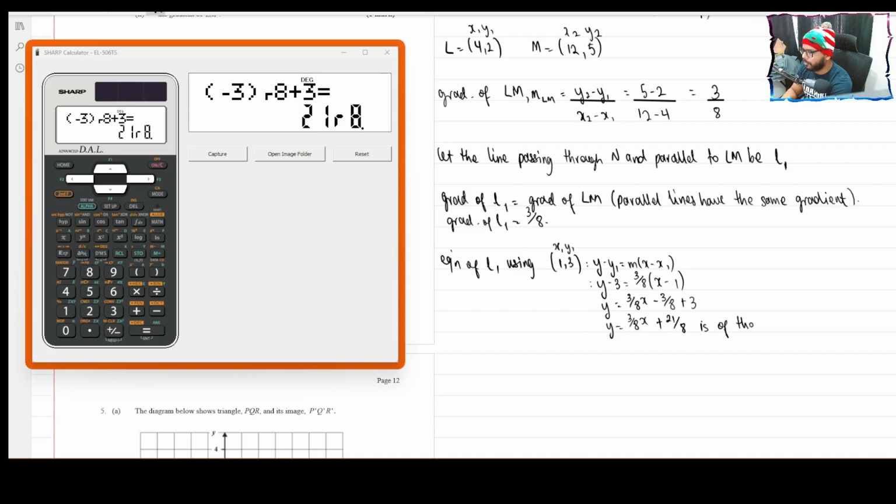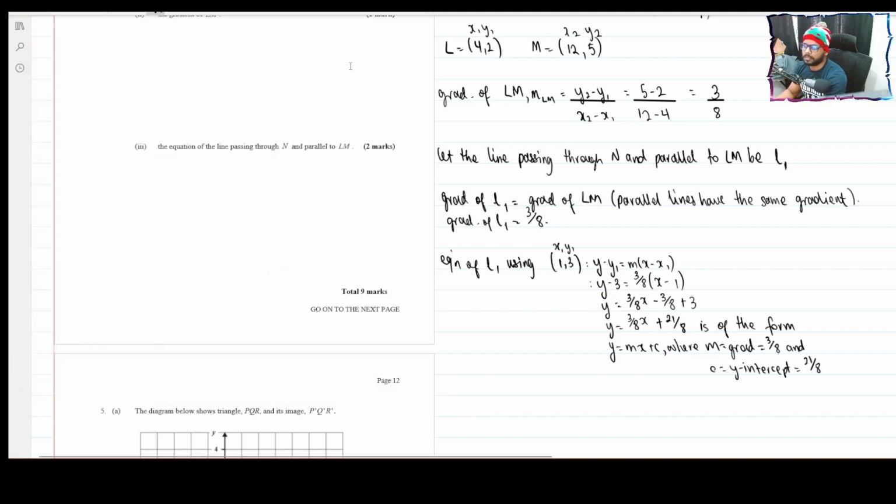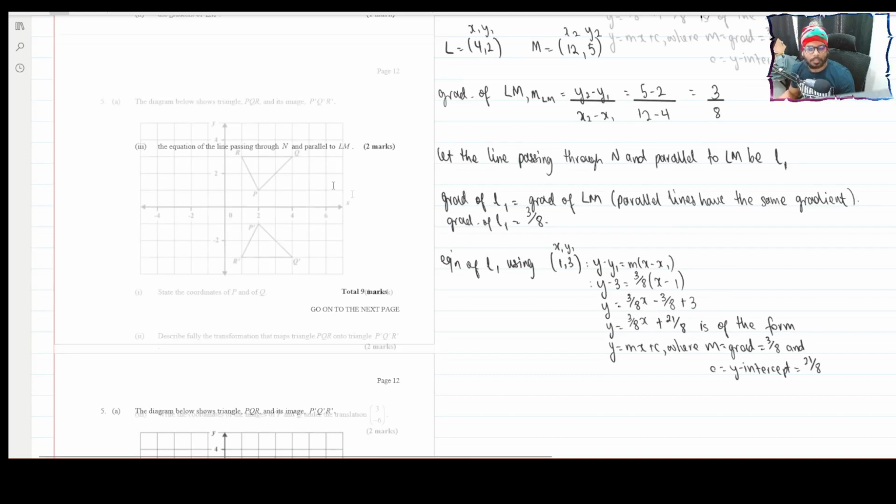This is of the form y is mx plus c, where m is the gradient, which is 3/8, and c is the y-intercept, which is equal to 21 over 8. So although the question never asked me to express the equation in the form y is mx plus c, I will oblige and do it. Right, and that's number 4 done and dusted.